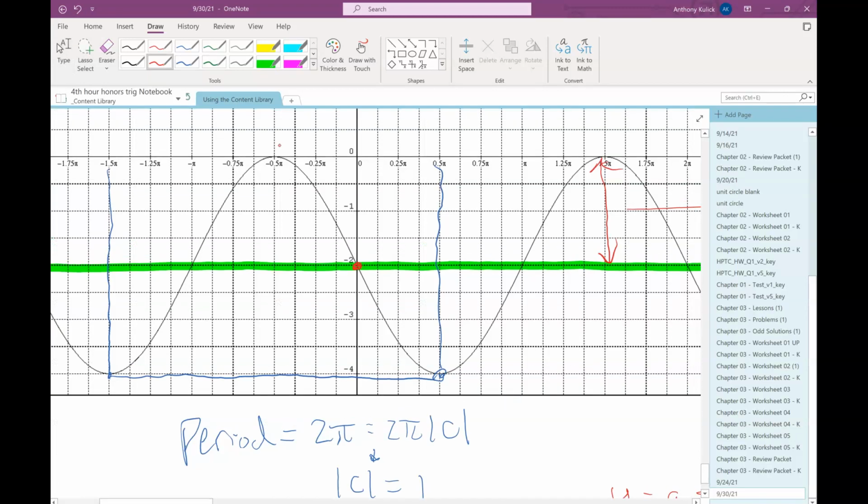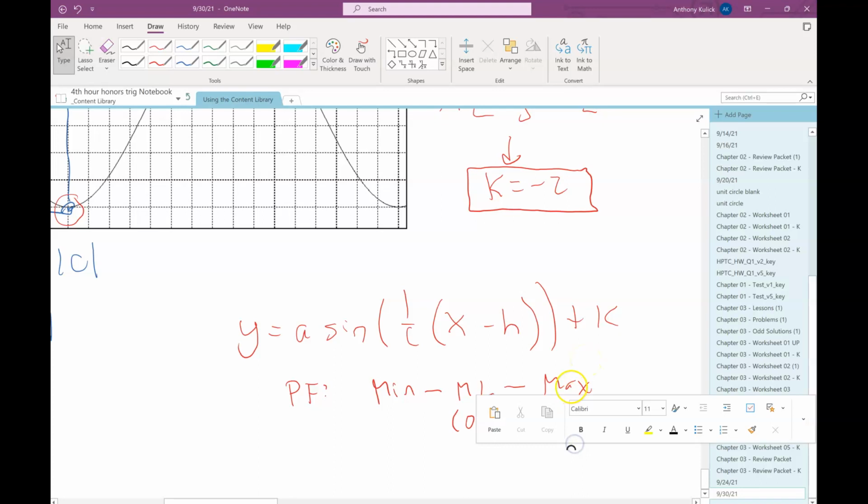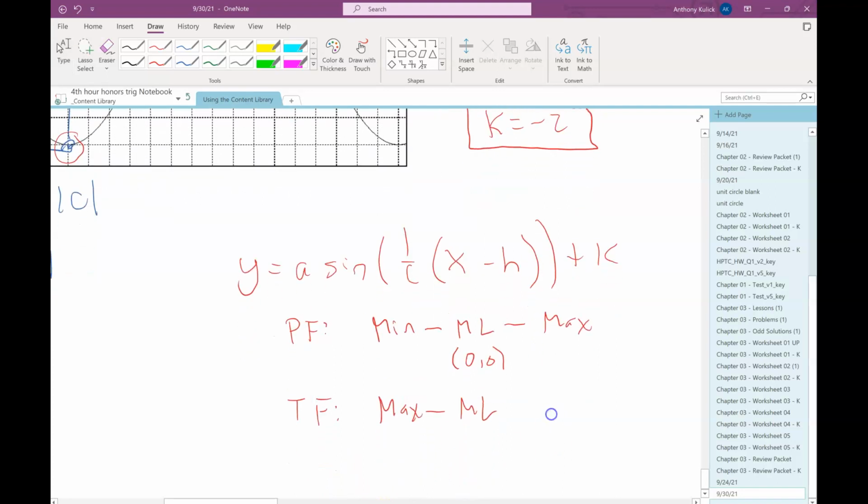So before this was a maximum, and after it was a minimum. So in my parent function, let's write it this way. It was minimum, then my midline point of 0, 0, and then a maximum. In my transformed function, I had a maximum, a midline point of 0, negative 2, and then a minimum.